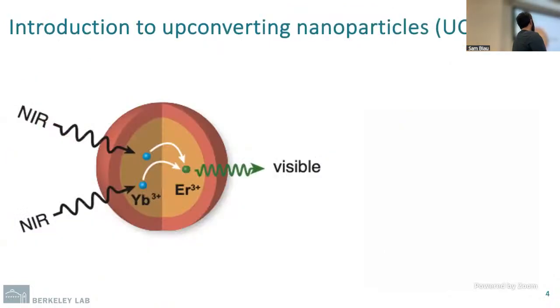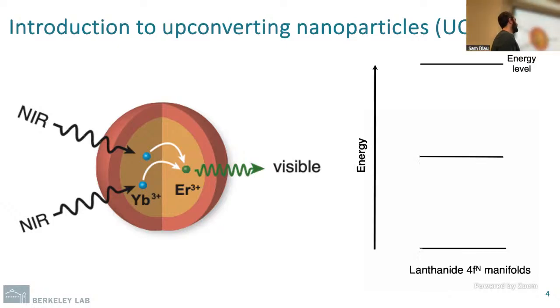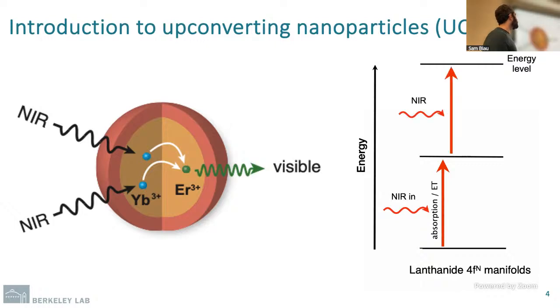So to start with, let's talk about nanoparticles, something that a few years ago I knew nothing about, and now I know a little bit about, enough to do some interesting work. So these are upconverting lanthanide-doped heterostructured nanoparticles, where you've got these lanthanide 4F manifolds. You can absorb photons, get up to a higher energy level, and then emit a higher energy photon. So in this way, you can take long wavelength light and upconvert it into higher energy short wavelength light.